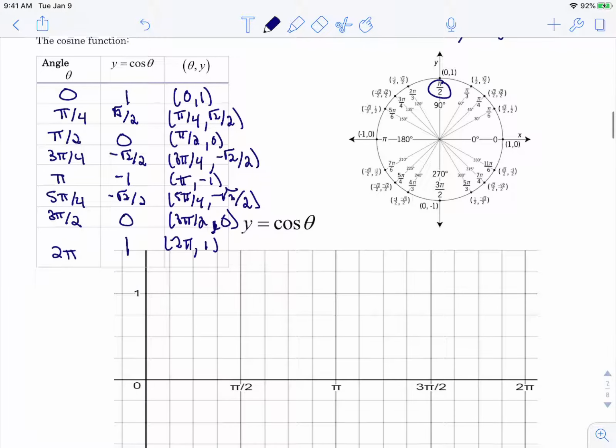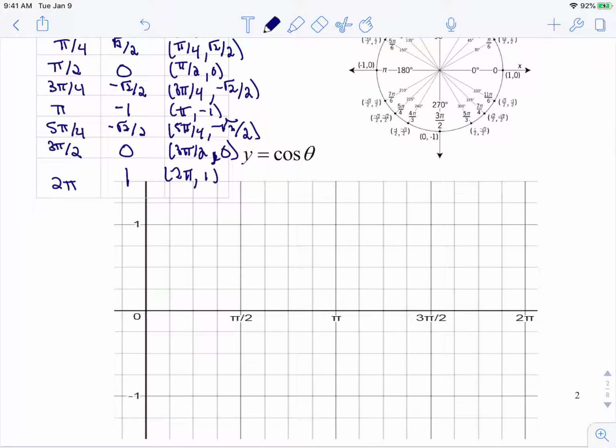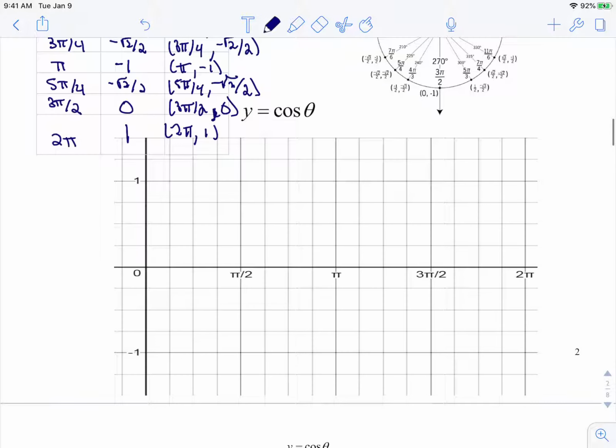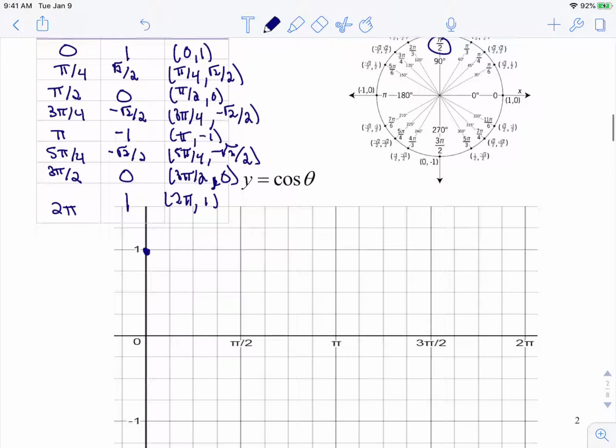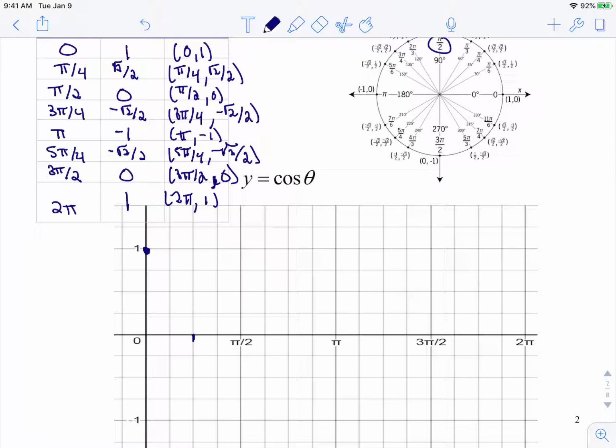I'm going to plot these coordinates. So I have 0, 1. So that starts here. My next coordinate is pi over 4, which is here. Root 2 over 2, so we talked about what that is. That's approximately here.